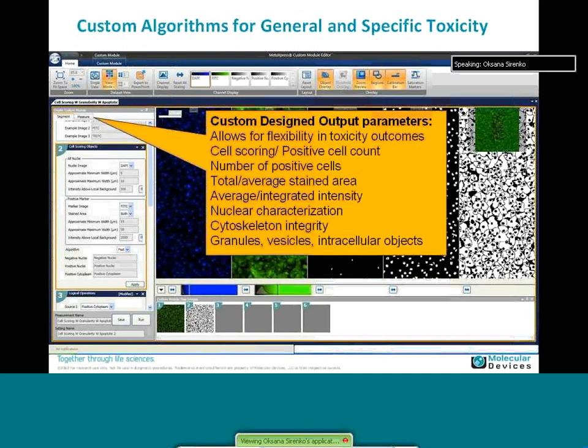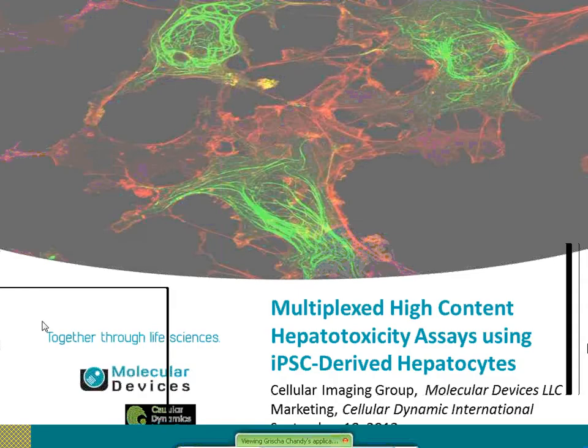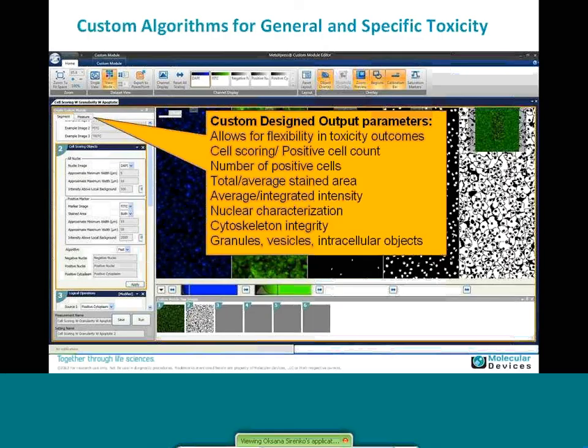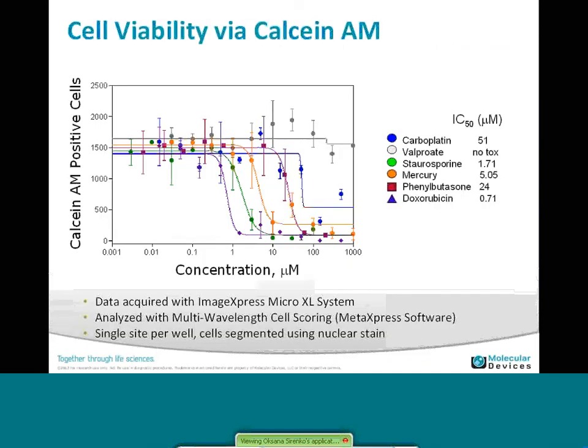Custom designed output parameters allow flexibility in toxicity outcomes, which allow quantitative cell scoring and defining positive cell count, also total or average stain area, average or integrated intensity, nuclear characterization, cytoskeleton integrity, as well as granules, vesicles, or other internal objects.